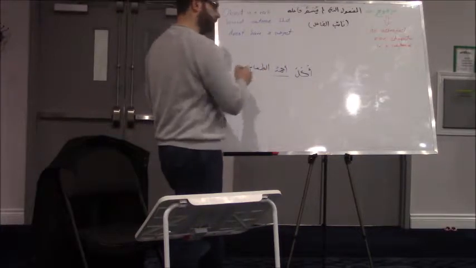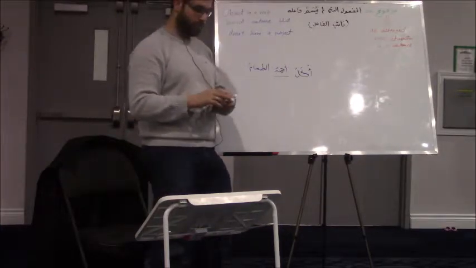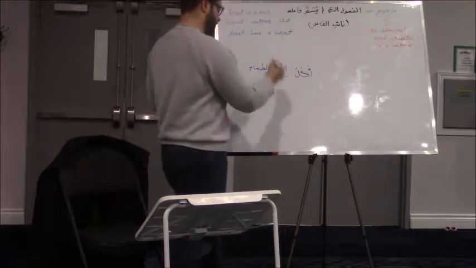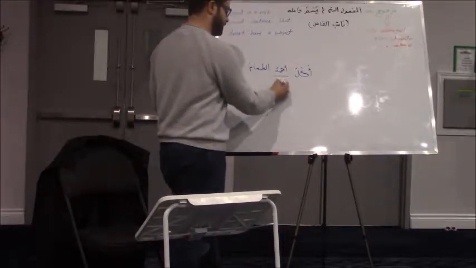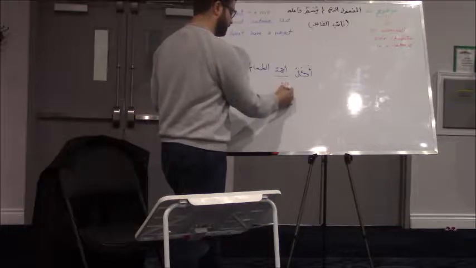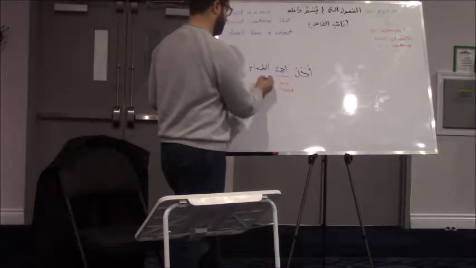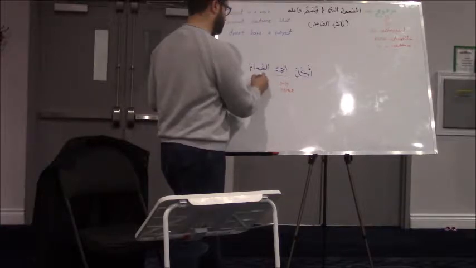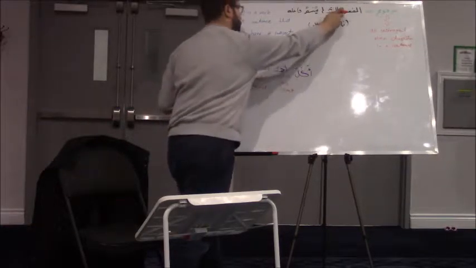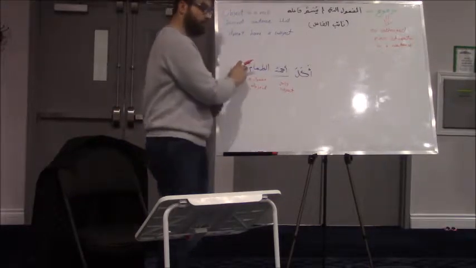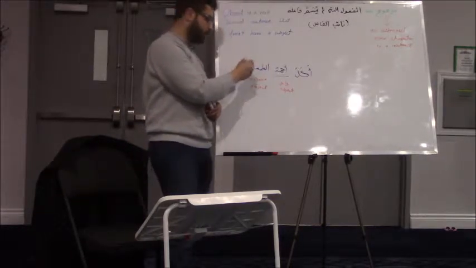And الطعام is called a maf'ul bihi. So this guy over here is the fa'il, the subject in a verb-based sentence. Over here is the object. It's called maf'ul bihi or maf'ul. So al-maf'ul, you can see he's mansub. It has a fatha on it, he's not marfu'.